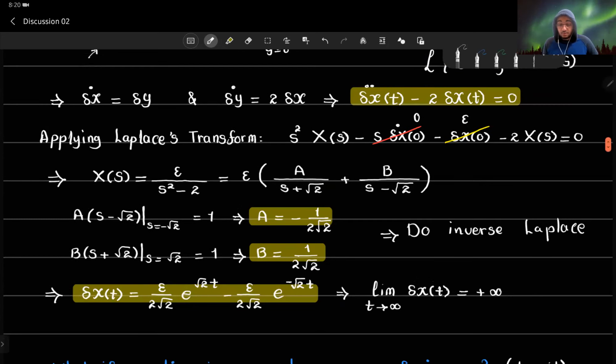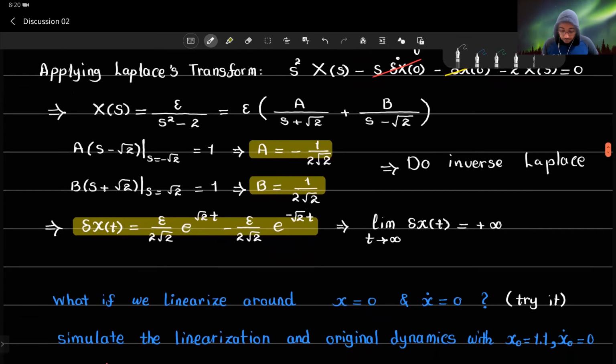Blow up means that it's going to go to infinity. However, it's important to understand the difference here, because if the linearization goes to infinity, this does not imply that the actual system will go to infinity.